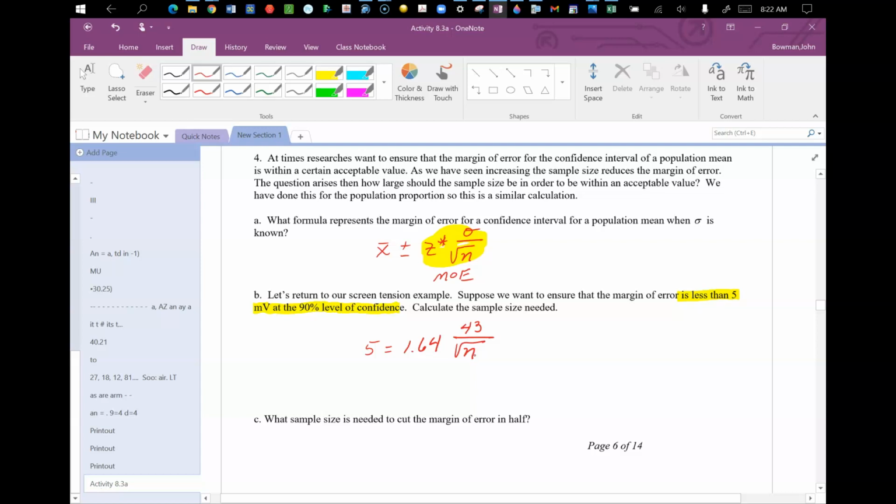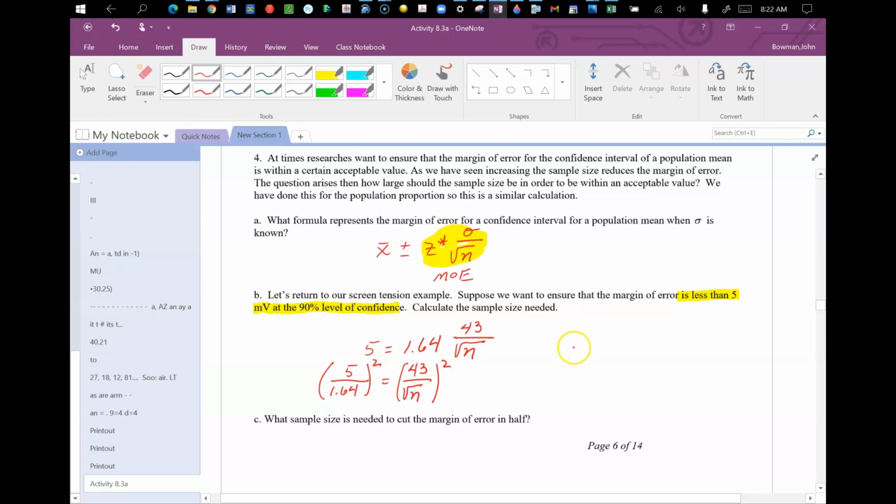So how do I go about solving this algebraically? Here's what I do. I would divide both sides by 1.64, so 5 divided by 1.64 is equal to 43 over the square root of n. I would then square both sides, and when you square the right-hand side, you get 43 squared over n.